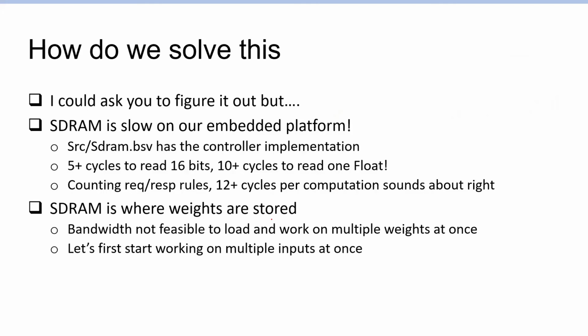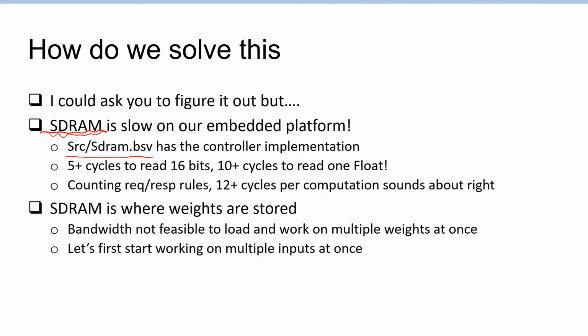So the answer to this question is that the SDRAM, which holds the weight values on board, is slow on our embedded platform. This is just a characteristic of the board that I chose to use. If you look at source SDRAM.bsv, it has the controller implementation for the SDRAM. You can take a look at it if you're interested.